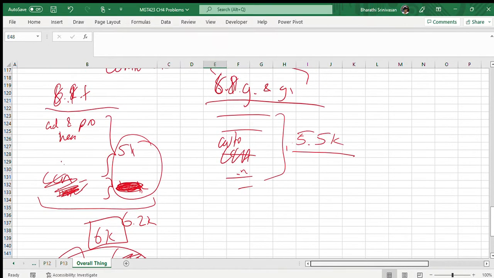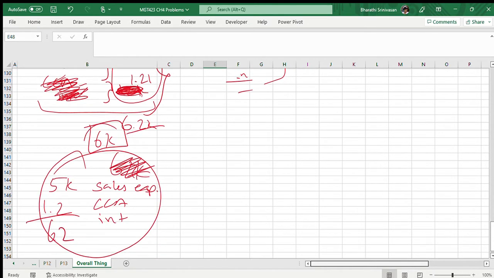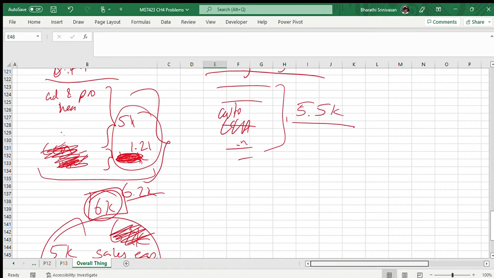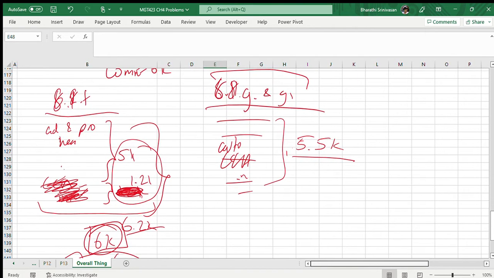However, if instead of CCA and interest, instead of buying a car, you leased a car, and the lease was, let's say, 1.2K, in that case this would have to be included. So your total income would be 6.2K, limited to 6, whereas here your total expenses is 5.5, including the lease cost too.